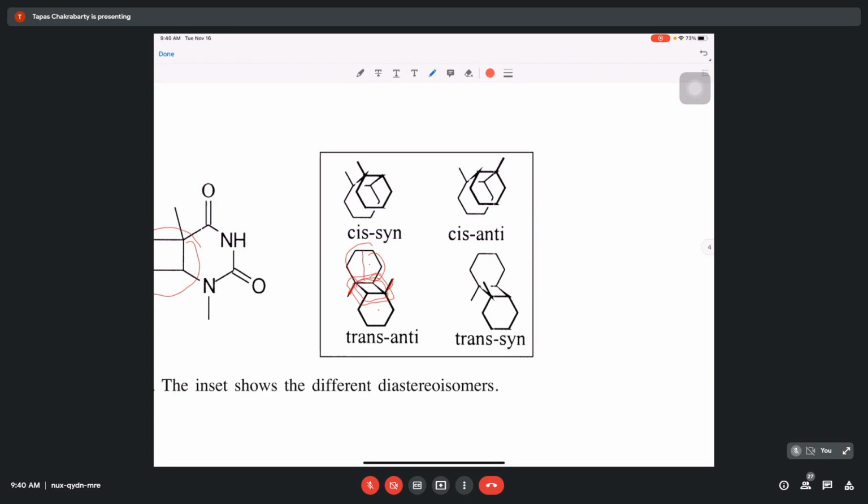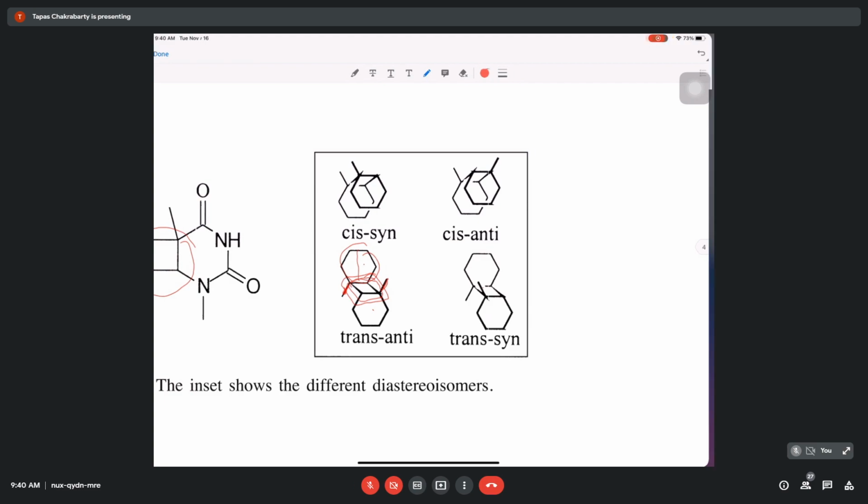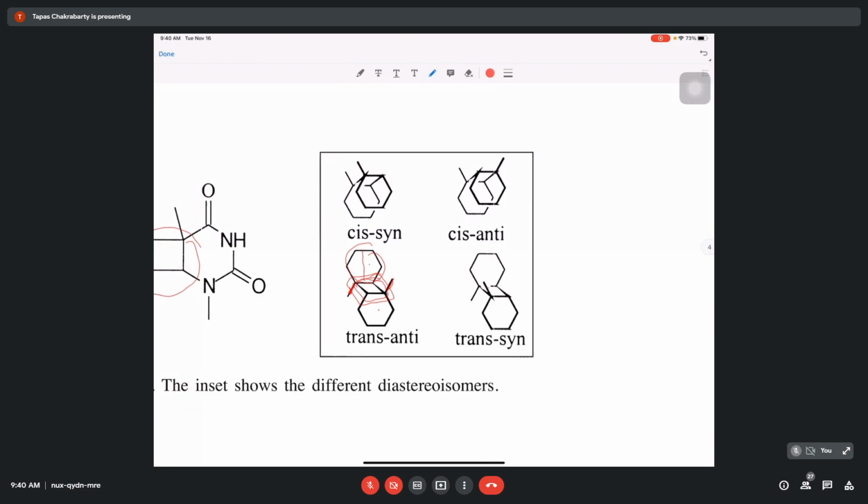Now you can have other isomeric structures. If, with respect to the cyclobutane ring, both 6-membered rings are on the same side, which is called cis, then the positions of the methyl groups can give this isomeric structure here, or it can happen like this.